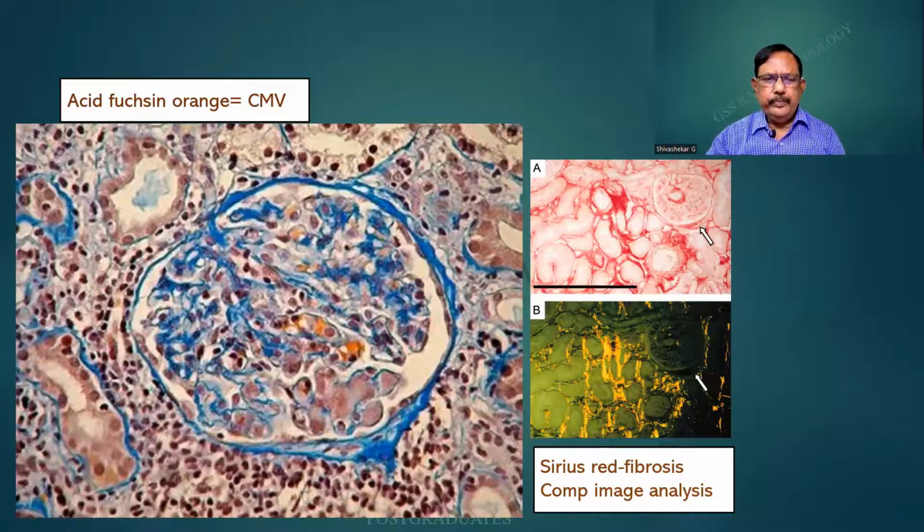I find that there is an orange color, acid fuchsin orange, which is used for the intracellular ballooned out cytomegalovirus. So look at the amazing things that are possible. Still, I have not gone into the pathology of it. These are only the technical aspects.